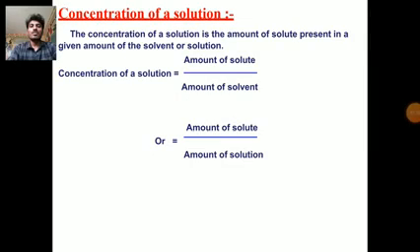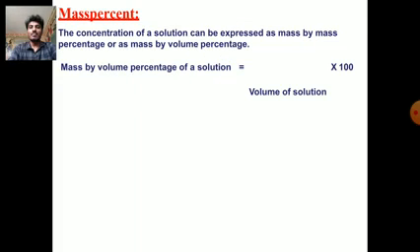The concentration of a solution. The concentration of a solution is the amount of solute present in a given amount of the solvent or solution. How to find it? The concentration of a solution is equal to the amount of solute divided by the amount of solvent, or the amount of solute divided by the amount of solution.